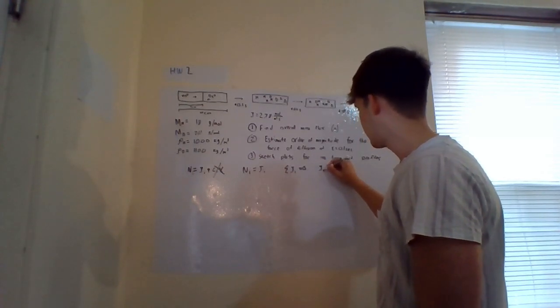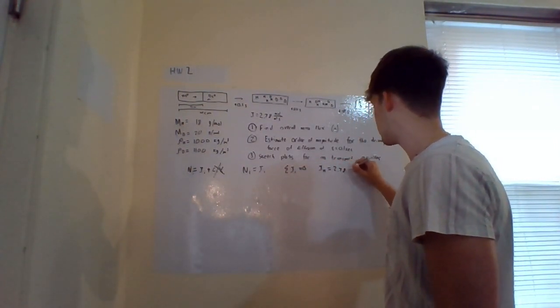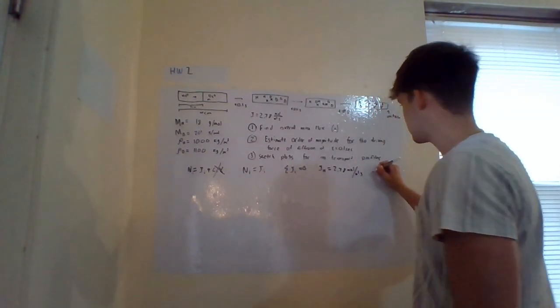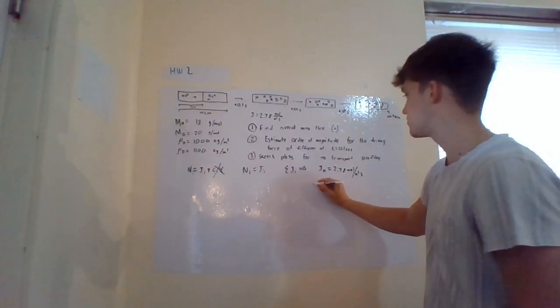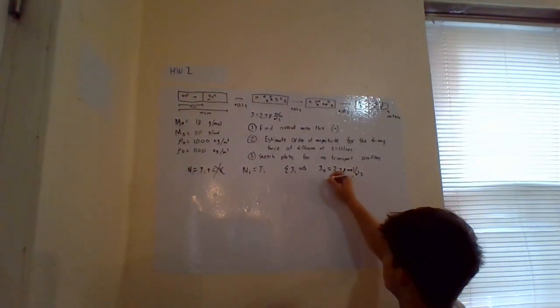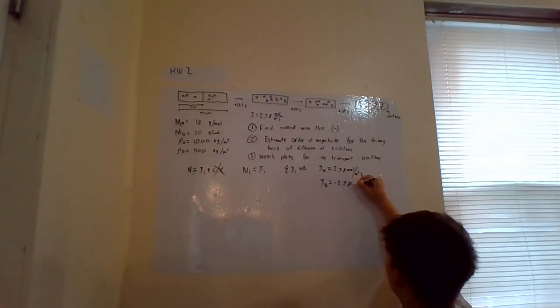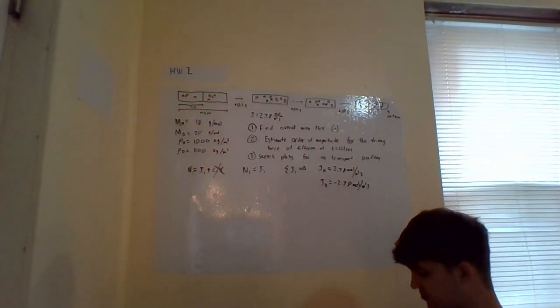So the molar diffusive flux of water is going to be 2.78 moles per meter squared second, and the molar diffusive flux of deuterium is going to be negative 2.78 moles per meter squared second.